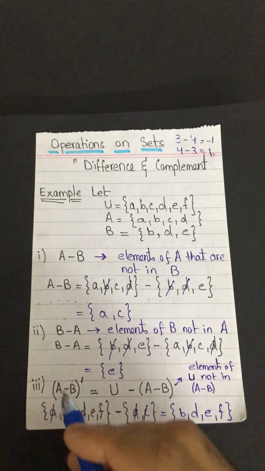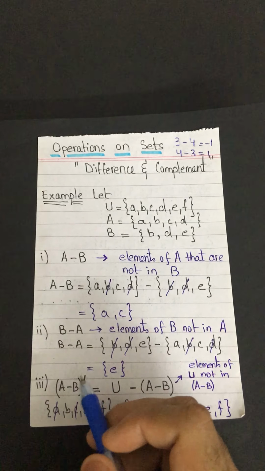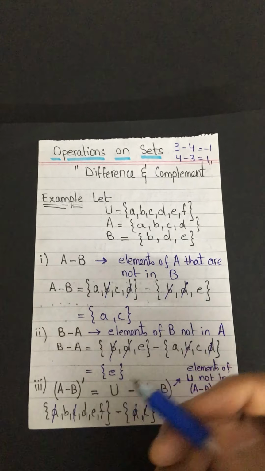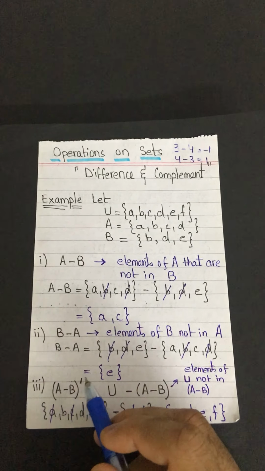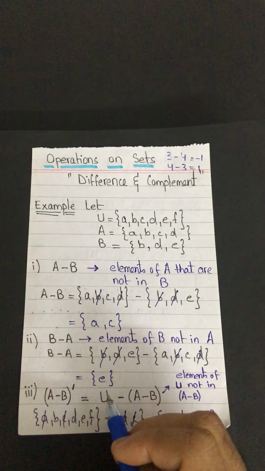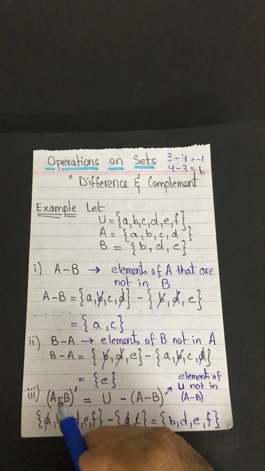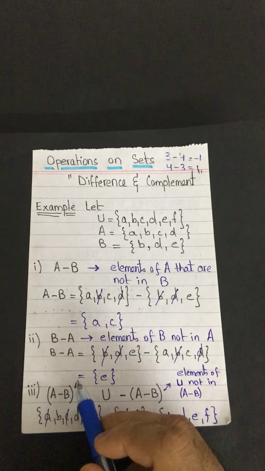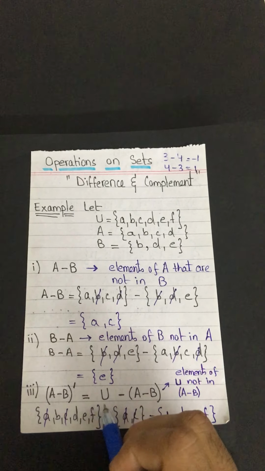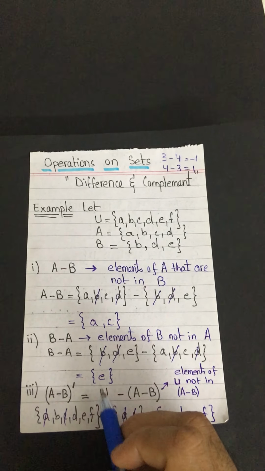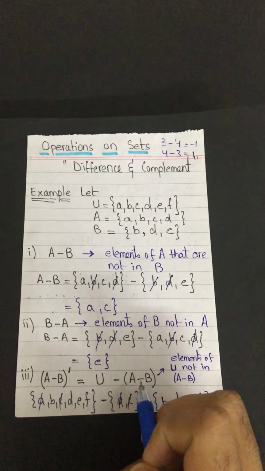And one more question on the complement, (A minus B) whole complement. We discussed in our previous video that whenever you are asked to find a complement, you just have to subtract it from the universal set. Since I have to find the complement of A minus B, I will subtract A minus B from the universal set, U minus (A minus B).